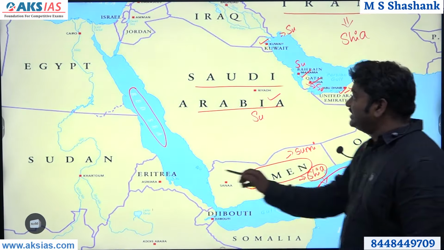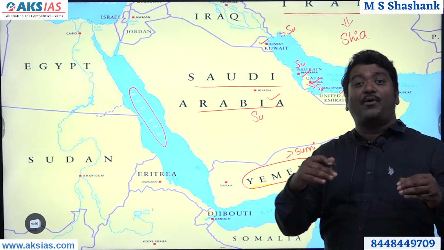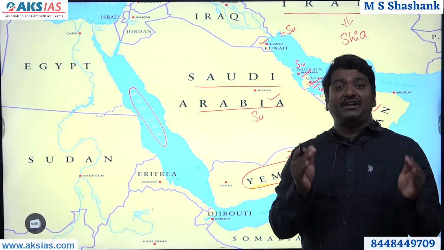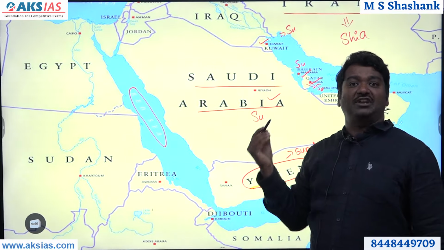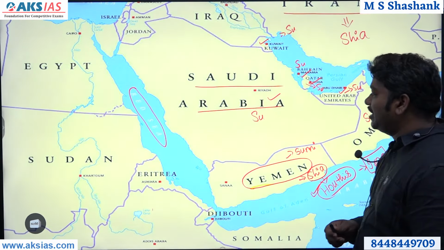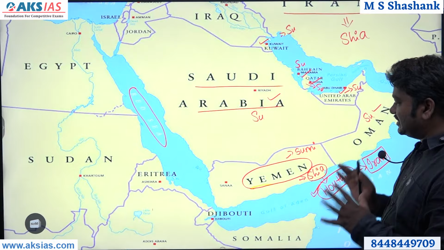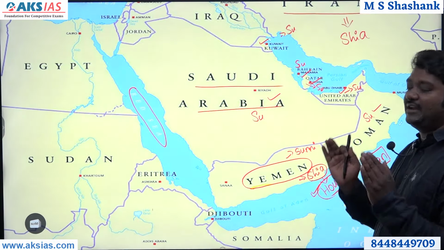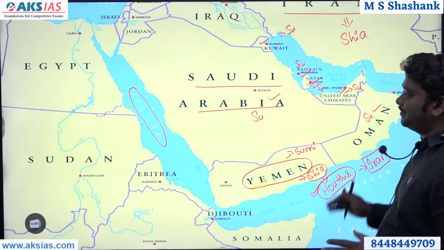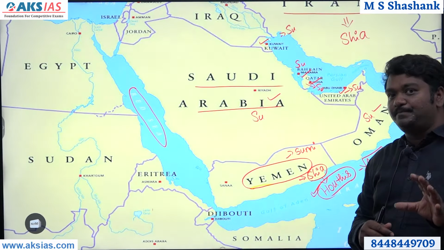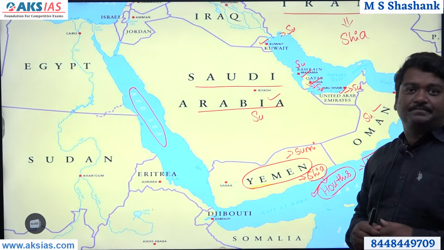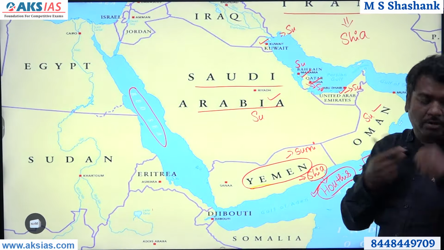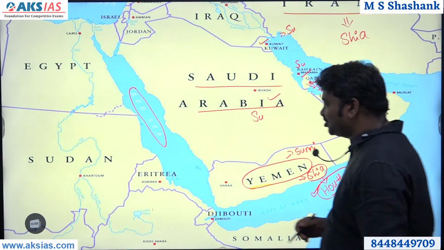Second, Red Sea is extremely important for the world because it connects Europe with Asia. So, given all this, a question can come with respect to Red Sea. So, what can be the question?